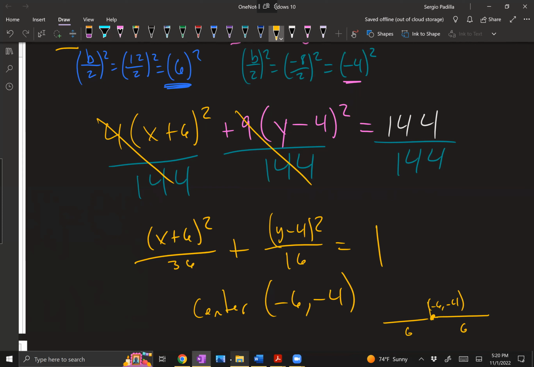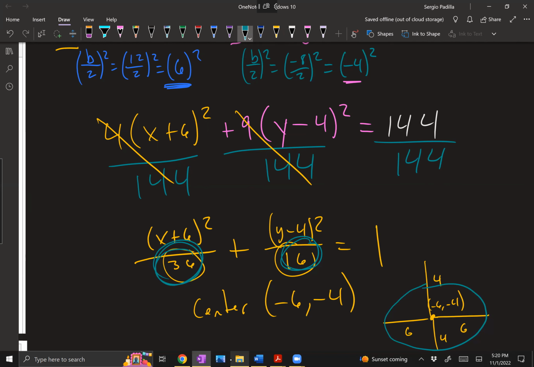I know it's going to go 4 up and 4 down because those are the square roots of these numbers down here. My ellipse is not drawn to scale at all, so we're just going to pretend that that's how it should be, okay? We can tell it's a horizontal ellipse because the number under the x is larger than the number under the y, yeah? So there we go.